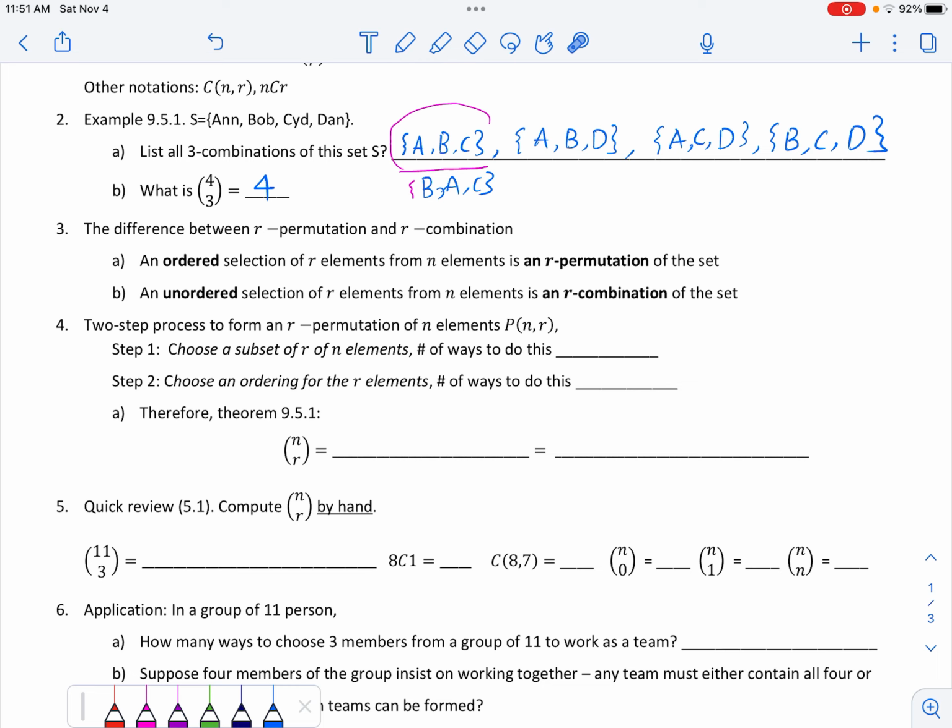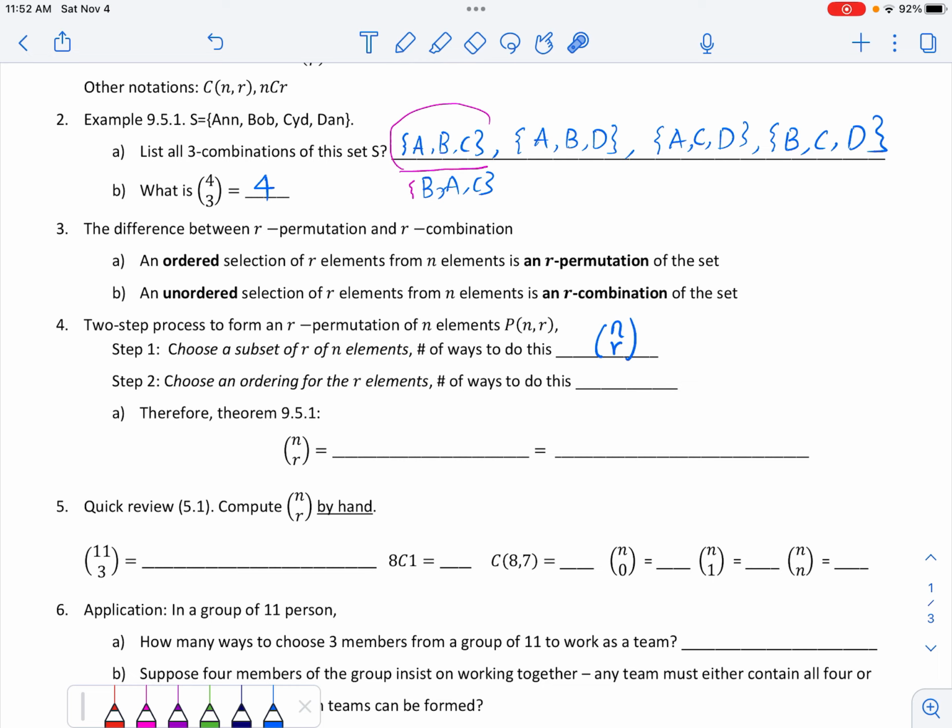Step 1, we choose r of the n elements from the set. The number of ways to do that, we just introduced this concept, is n choose r. That means how many ways to form an r combination.